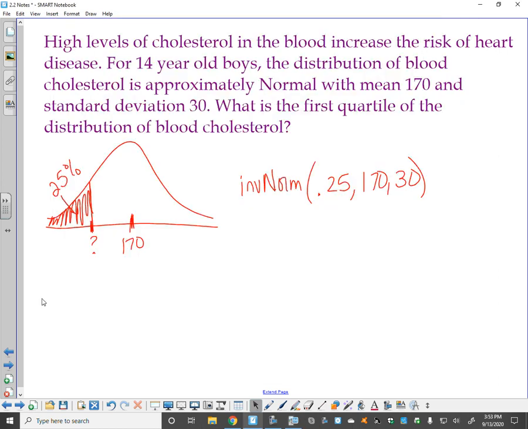149.765. This is not a percent. The percent was 25%. I just found the cholesterol level that will chop off the first quartile.